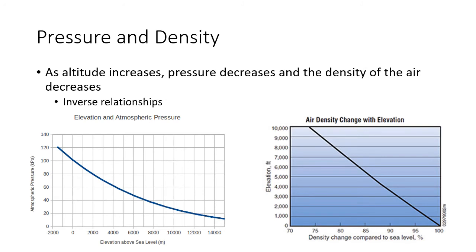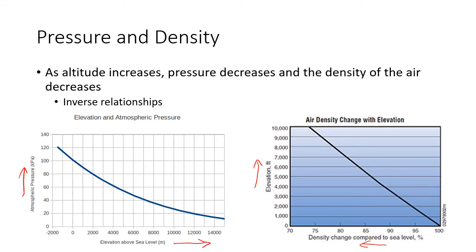So there's a couple of different relationships that we have measured that have to do with altitude. As altitude increases or elevation increases, atmospheric pressure will decrease. So there's an inverse relationship there. And then as we increase in elevation again, the density is going to decrease.